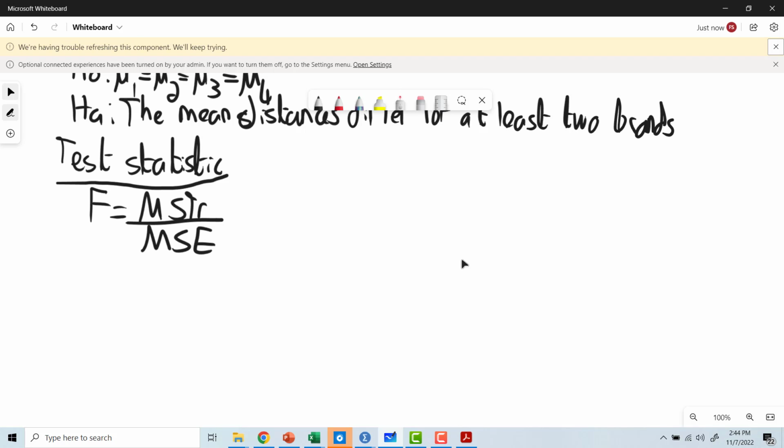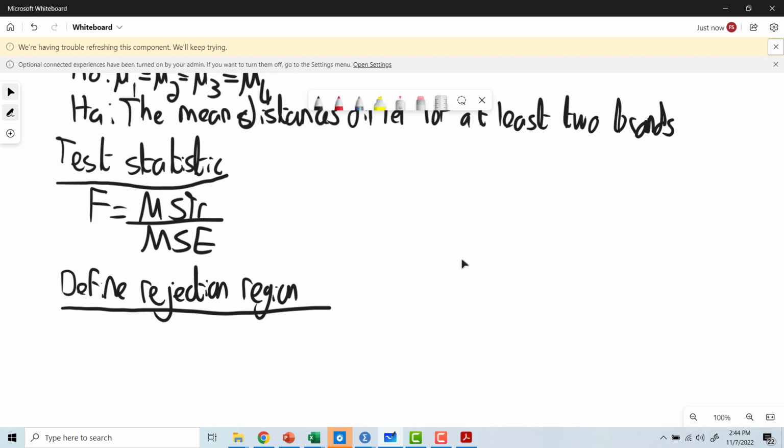And then the rejection region. We've got alpha equals 0.05.